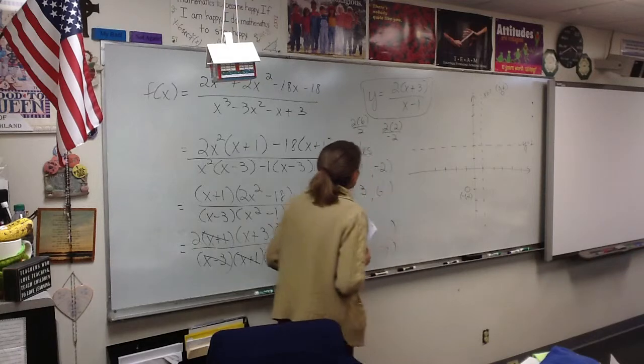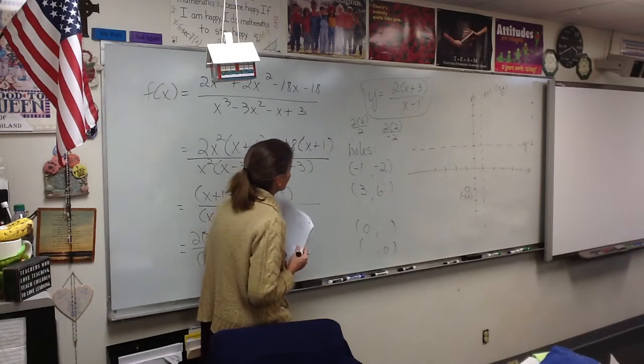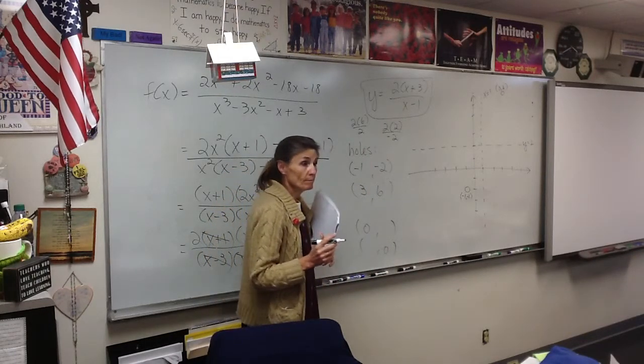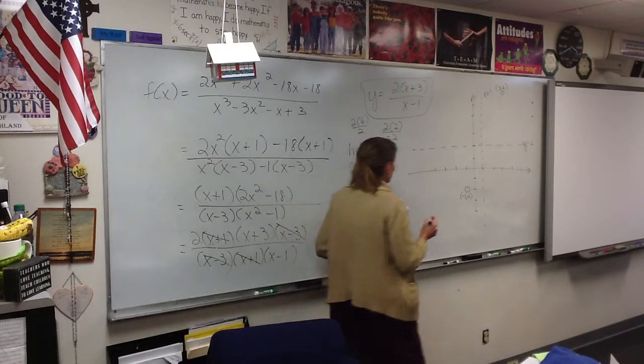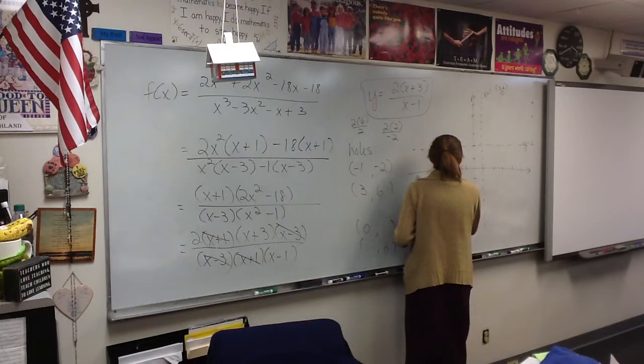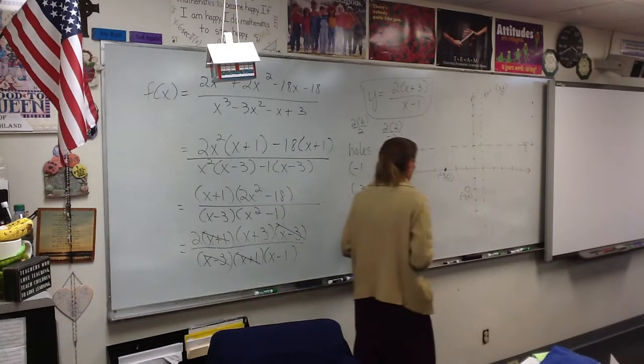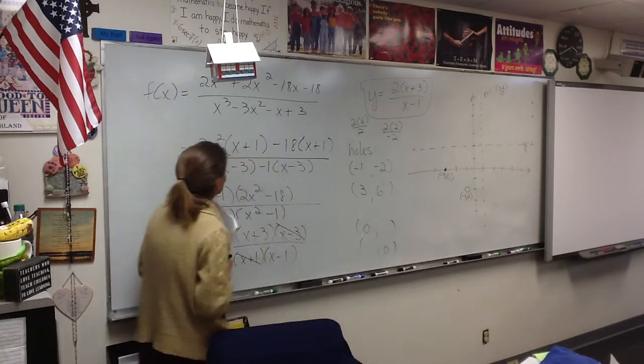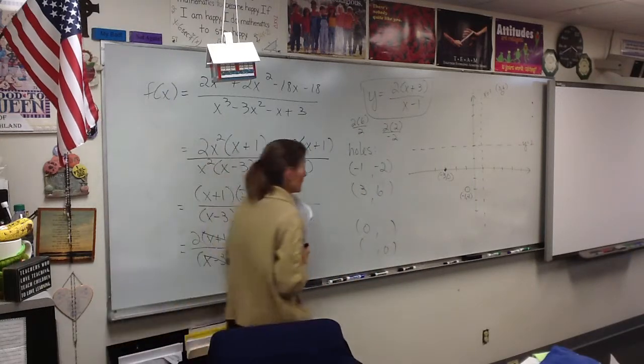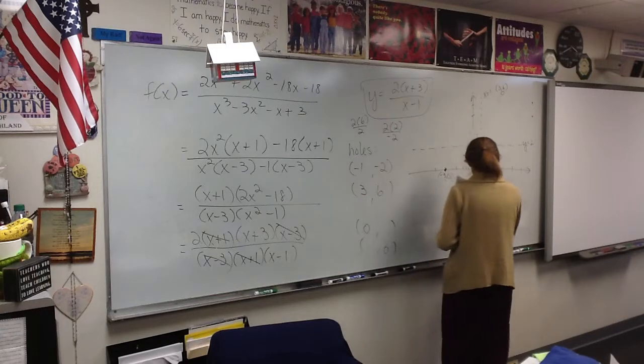Shout them out when you find them. X is -3. Which one? -3 is the X. X intercept is -3. I would agree with that. And I think it's -6. I think you're right. The Y intercept is -6.